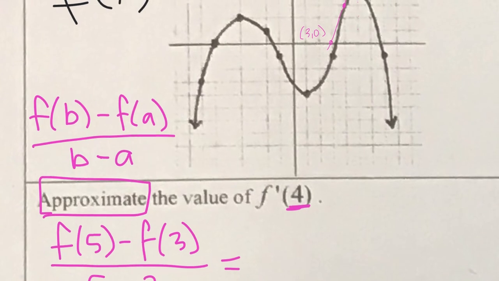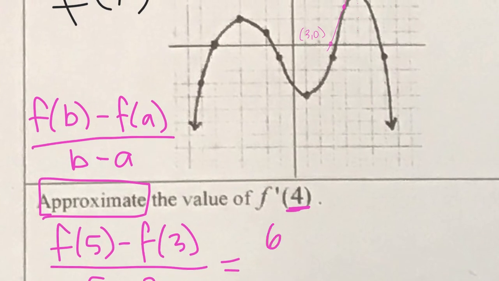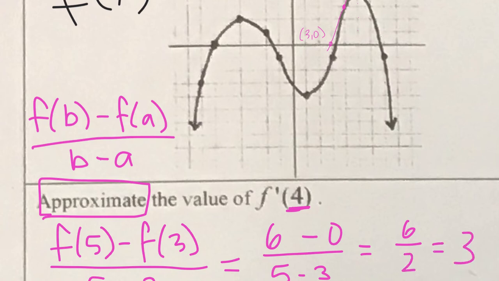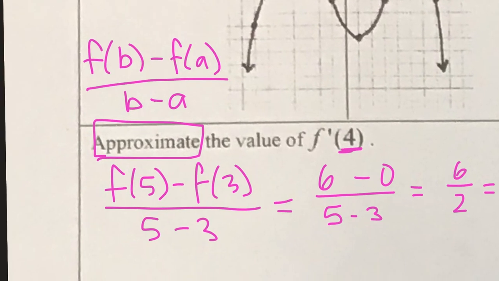Now, from our graph, we got that f of 5 was 6 and f of 3 was 0. So we plug in 6 and 0 because those are the y values at these respective x's, and we get 6 over 2. So approximately, my graph has a value of 3.